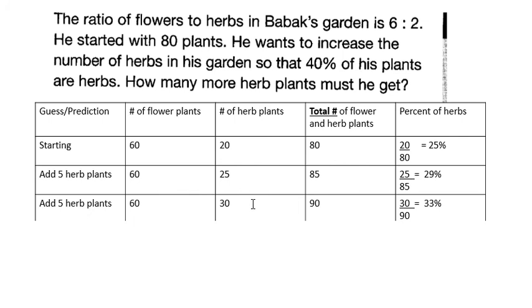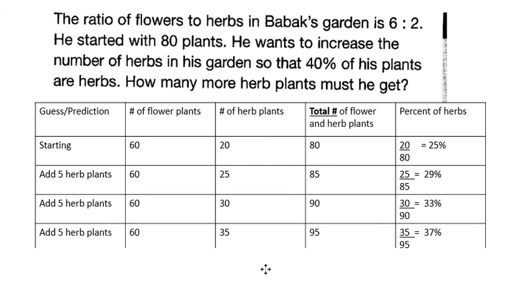The 60 plants plus 30 plants, 90 plants altogether. My numerator is 30. That's my number of herb plants. My denominator is 90. That's my number of flower and herb plants, my total number of plants. Changing this to a percentage gives us 33%. We are still too low.